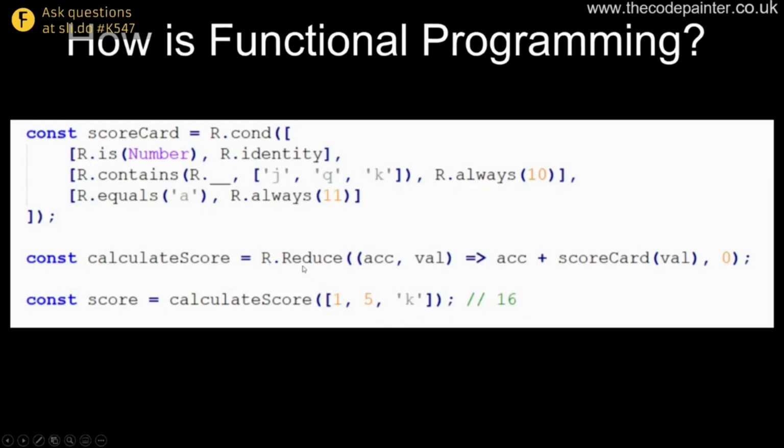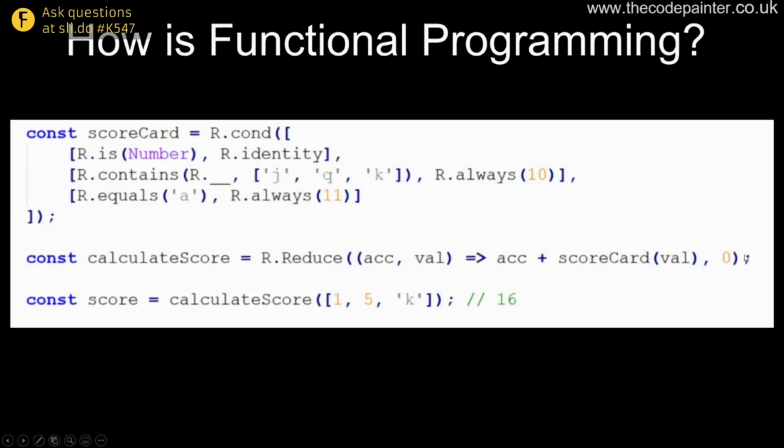And that's where r.reduce comes in. r.reduce takes a function with two parameters, the accumulator and the value. The accumulator is the running total so far, and the value is the current item out of the array. We also need to pass it the starting value, which when we're calculating our score in cards is going to be 0.